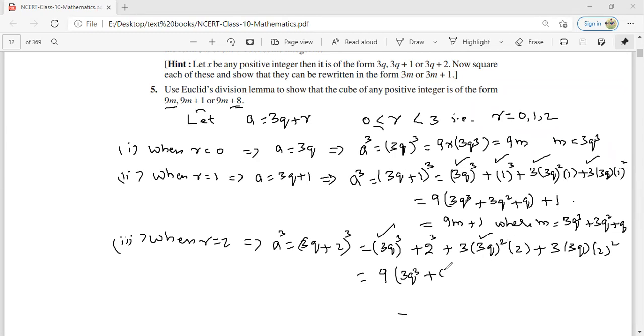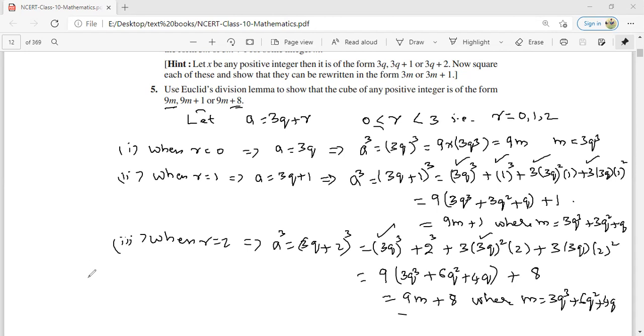So 6Q square will be left. Here 9 will go, 2 to the 4, so 4Q is left here, plus 8. So this can be replaced by M. So 9M plus 8, where M equals 3Q cube plus 6Q square plus 4Q.